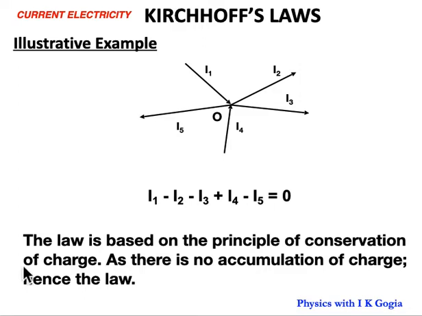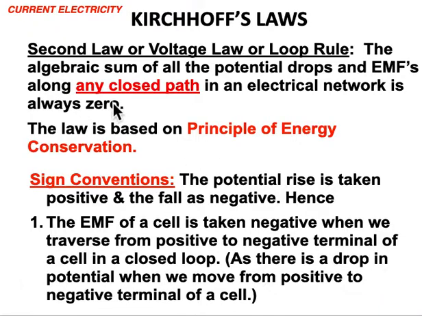Let us again emphasize that this law is based on the principle of conservation of charge. In 1 second, whatever is the charge coming inwards, that is incoming current, is always equal to the charge going outwards in 1 second, that is outgoing current.